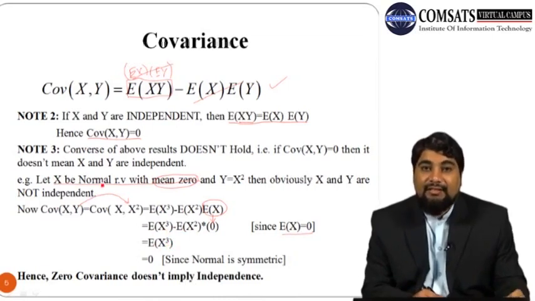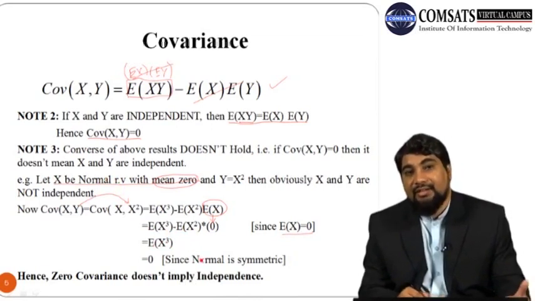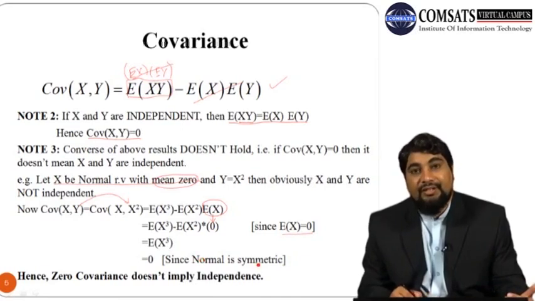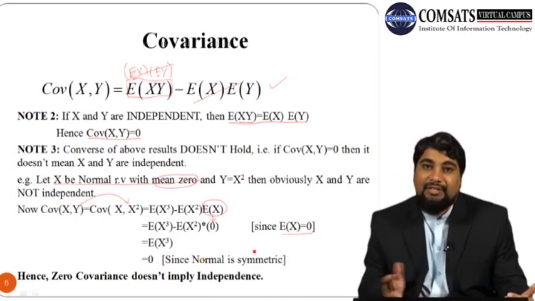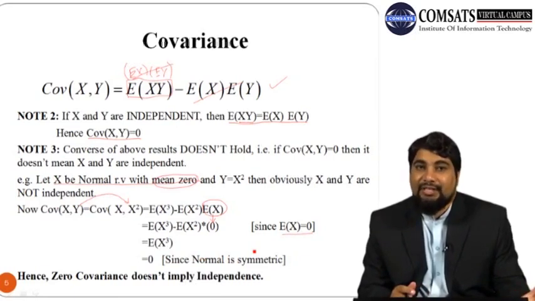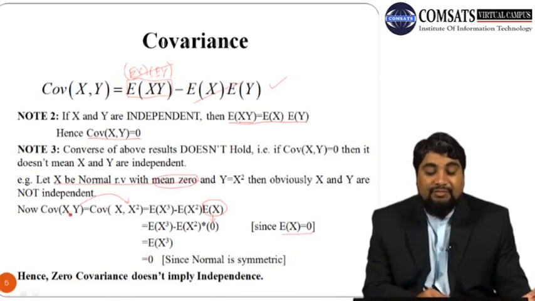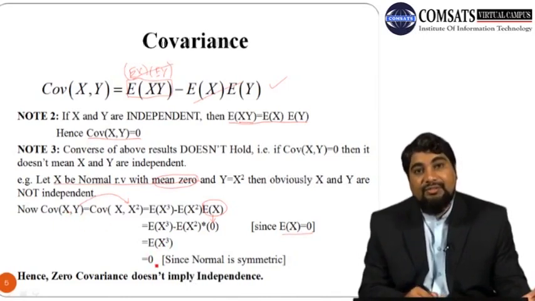But since x is a normal random variable, that is, it follows the normal distribution, and since normal distribution is symmetric, spread equally around the mean, the third moment is 0 because it has no skewness. So E of x cube is 0. So the covariance between x and y is 0.